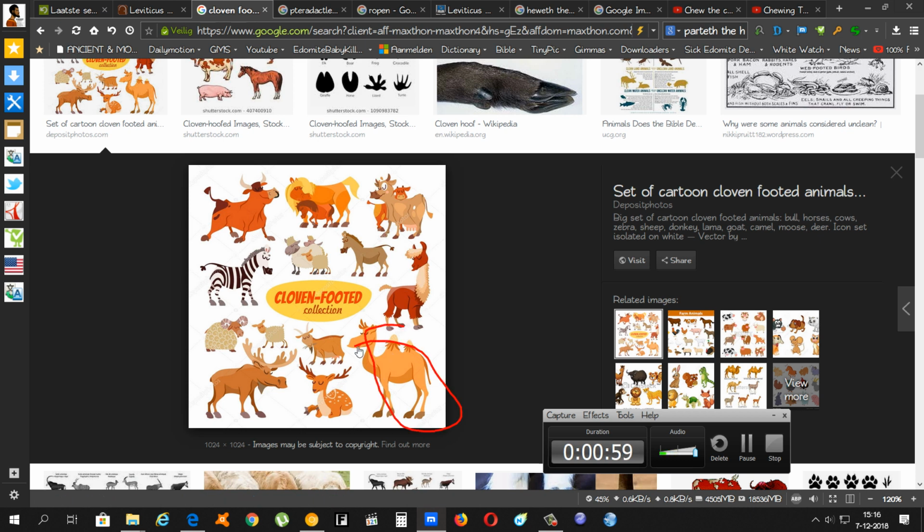Now this is unclean, but it's going to explain later on, right? And this is not. Well, it's not cloven-footed. Actually, it's just a hoof, which is shaped like this. So yeah, going on.